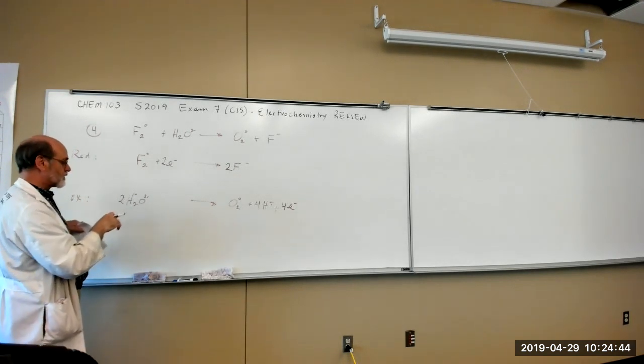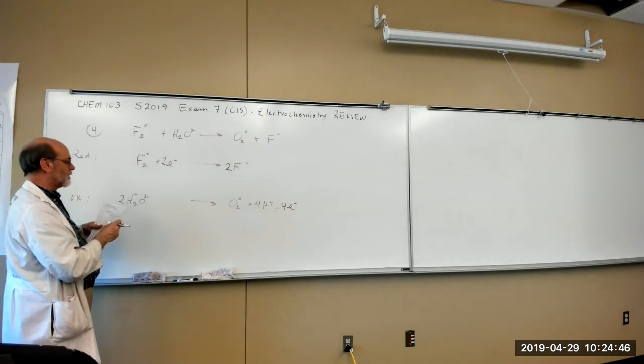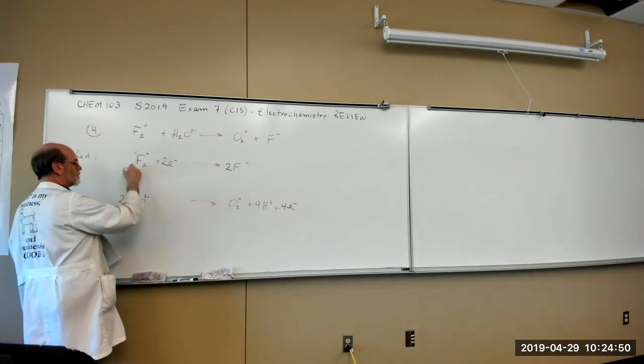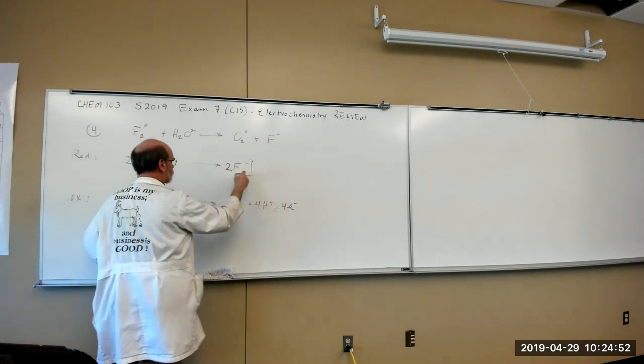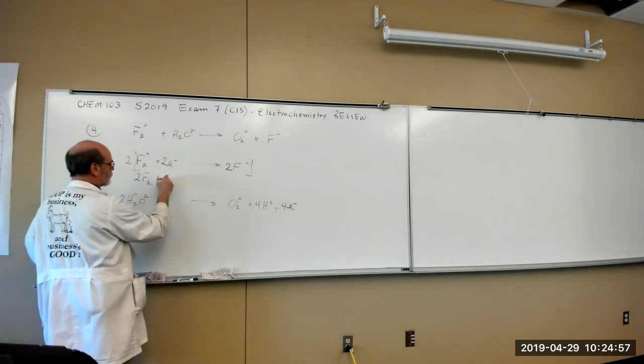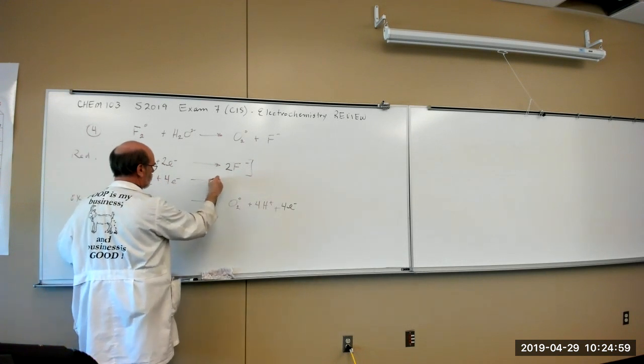Now, we can't put these back together until we balance the electrons. This one has 4, that one has 2. We have to multiply this one by 2. So there's 2, 4, and 4.